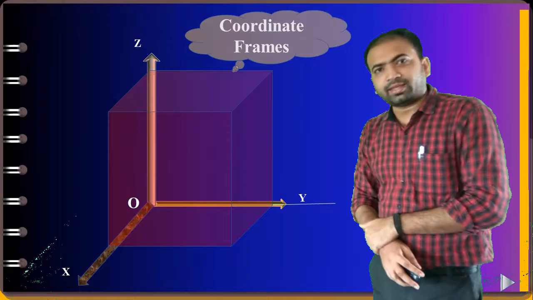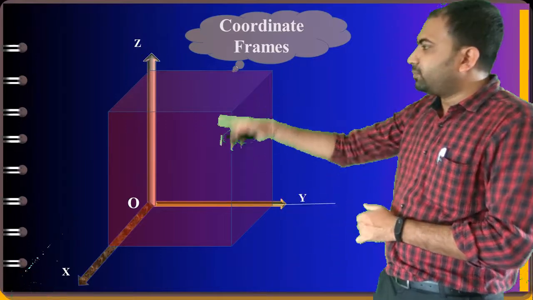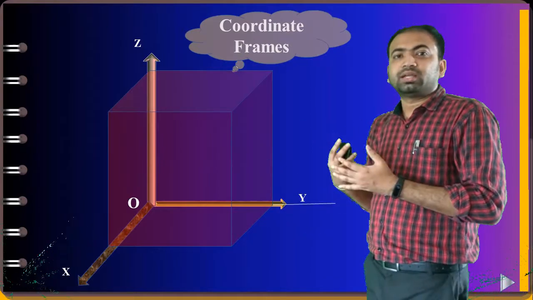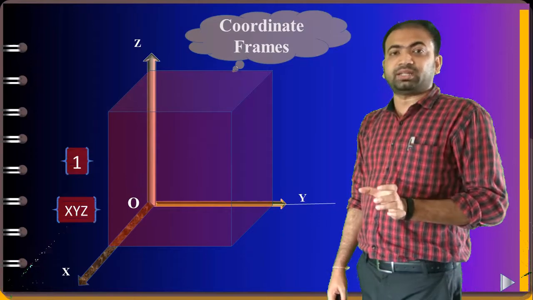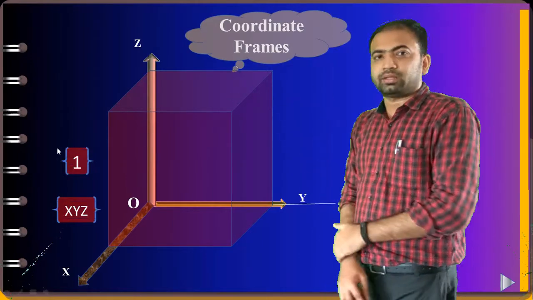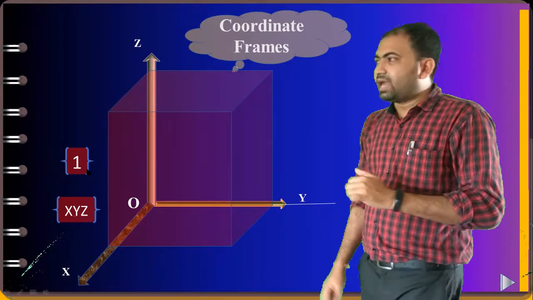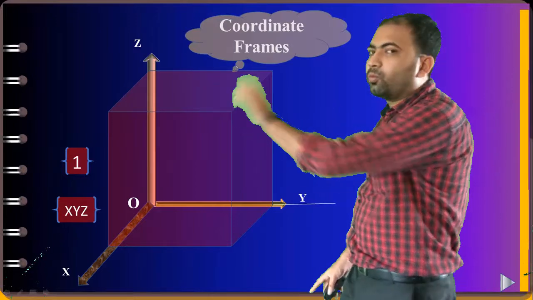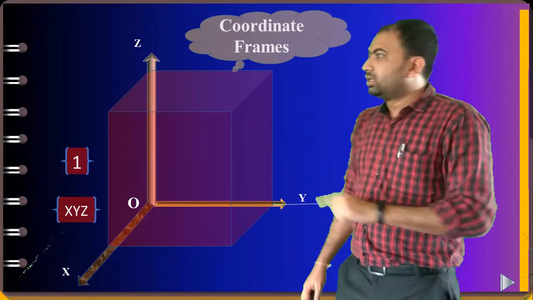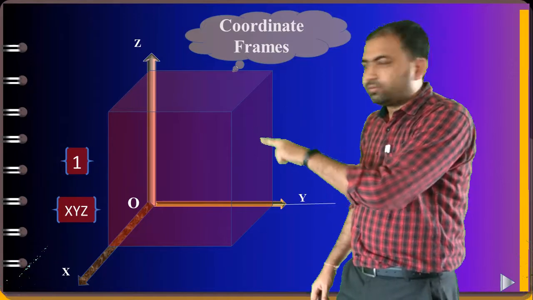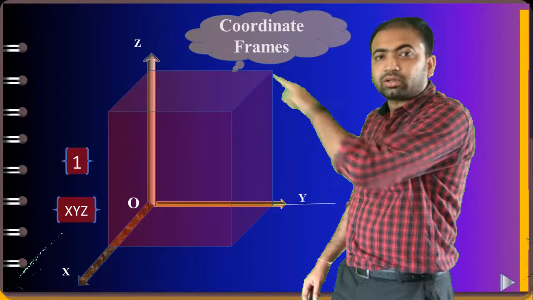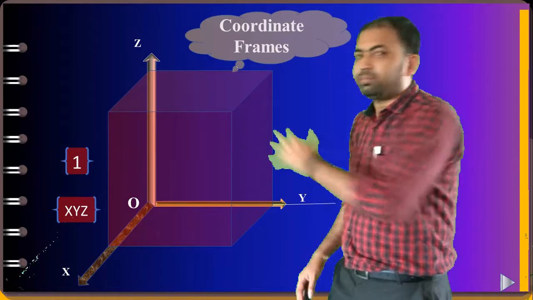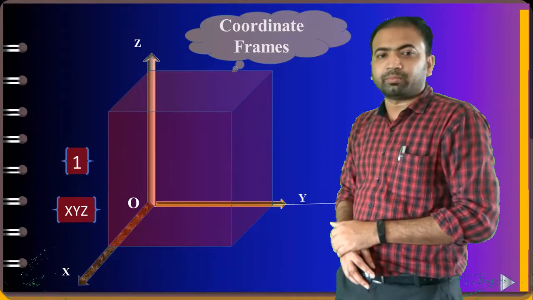Now next, if these axes are termed as a frame, this will be called the notation of a frame, which has to be represented in curly brackets, as you can see. Now, I have got only one frame over here, so I am keeping the name frame 1 for this case. As the frame consists of three directions or three axes, which are x, y and z, this frame can also be represented as the x, y, z frame.